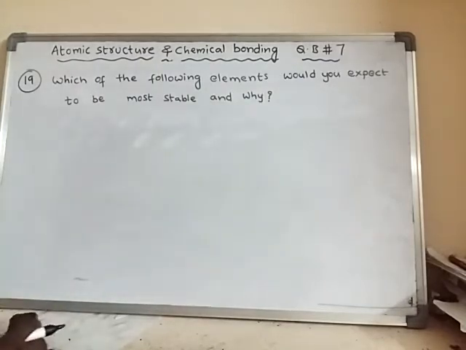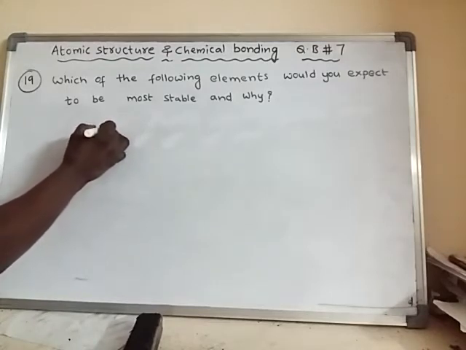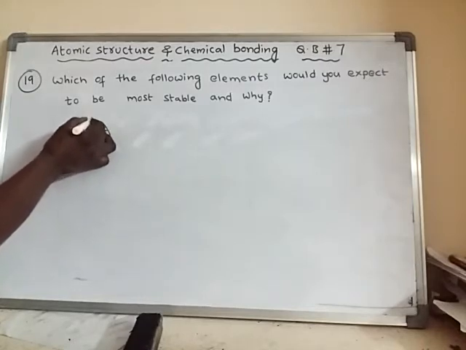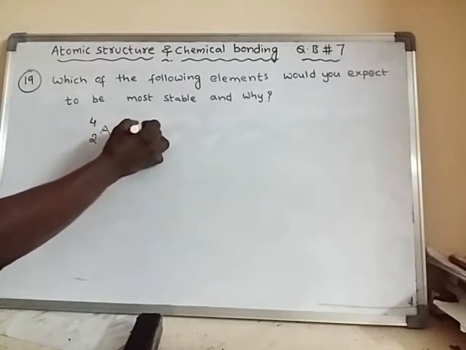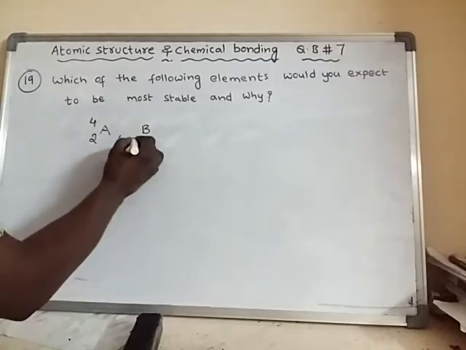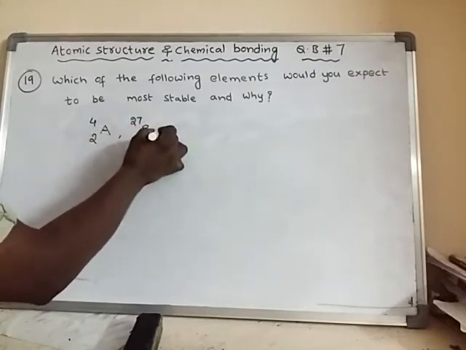Okay, so there are some elements. Element A, its atomic number is given as 2 and its atomic mass is given as 4. Element B, its atomic number is given as 13, its mass is given as 27.